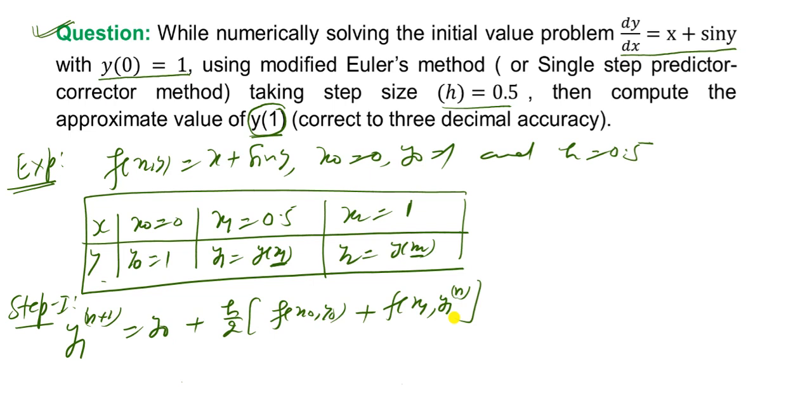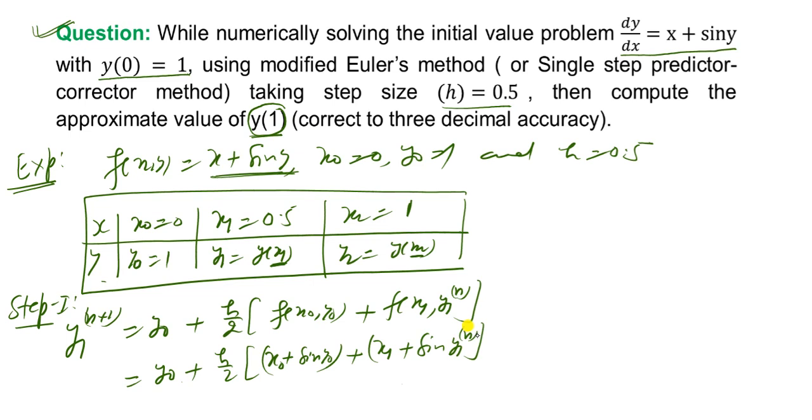So y naught plus h upon 2, because f of x y is equal to x plus sin y, so x replaced by x naught, y replaced by y naught, so this will be x naught plus sin y naught plus x1 plus sin y1, and say this is equation 1. Here n is equal to 1 2 3 and so on.